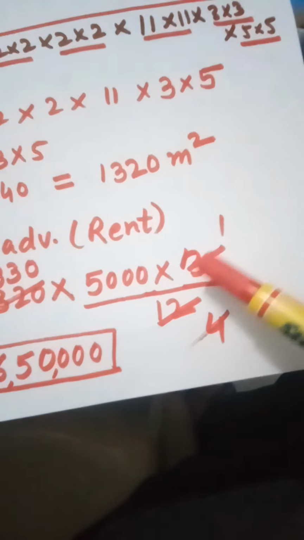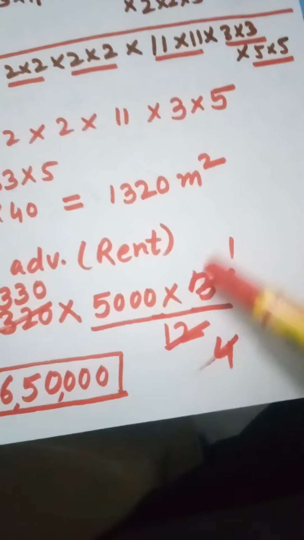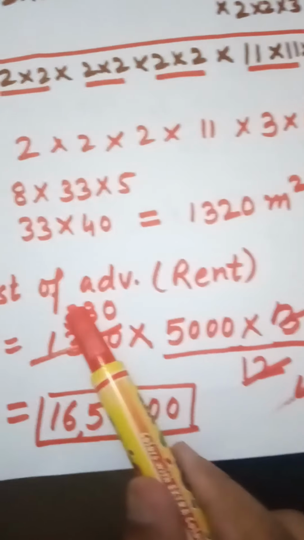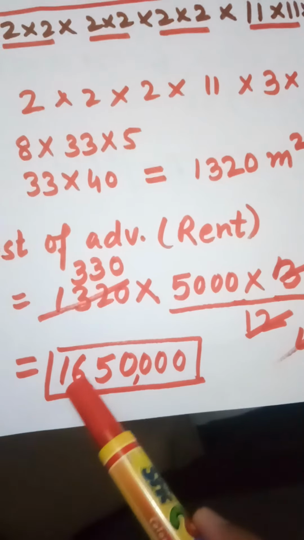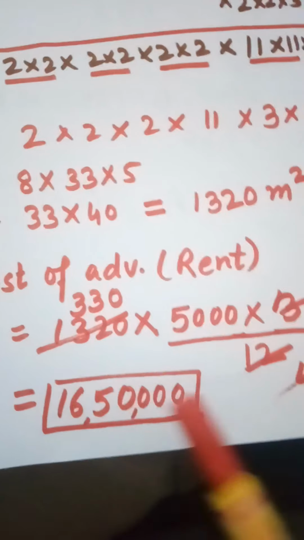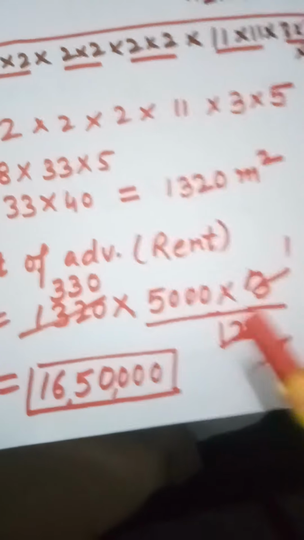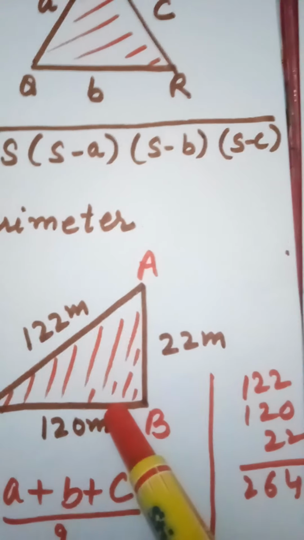So for 3 months it will be 3 upon 12. You can do the cutting, 1 upon 4, and 1320 can also be cut, and on multiplication of these you will get exactly rupees 16,50,000. So this is the cost of advertisement of that wall.